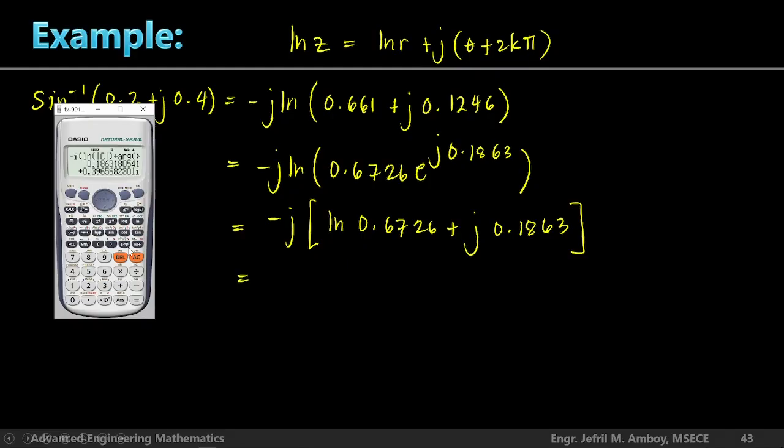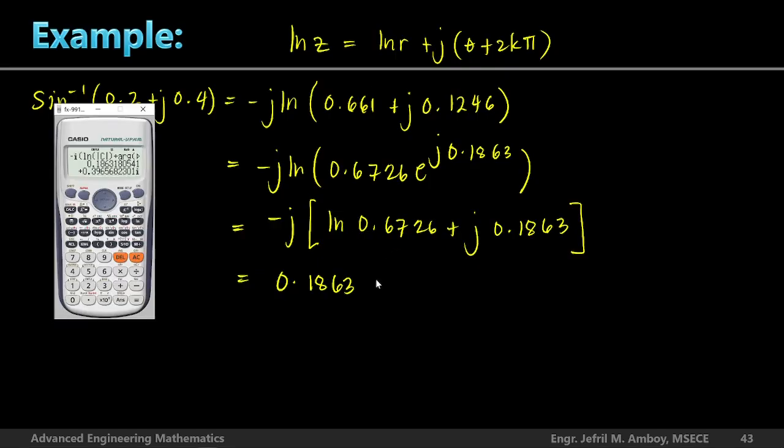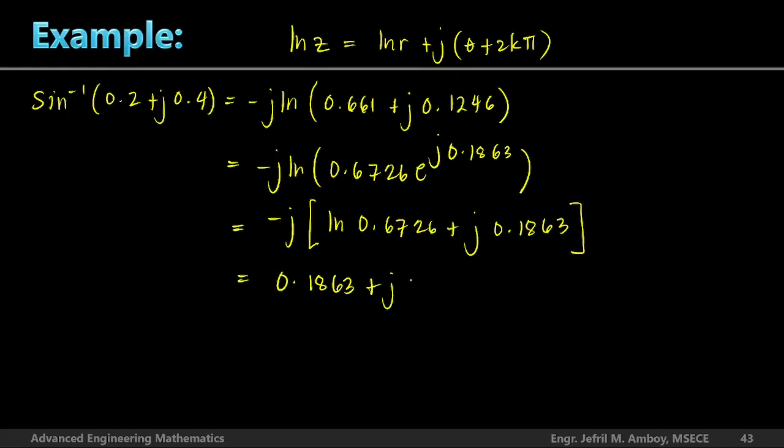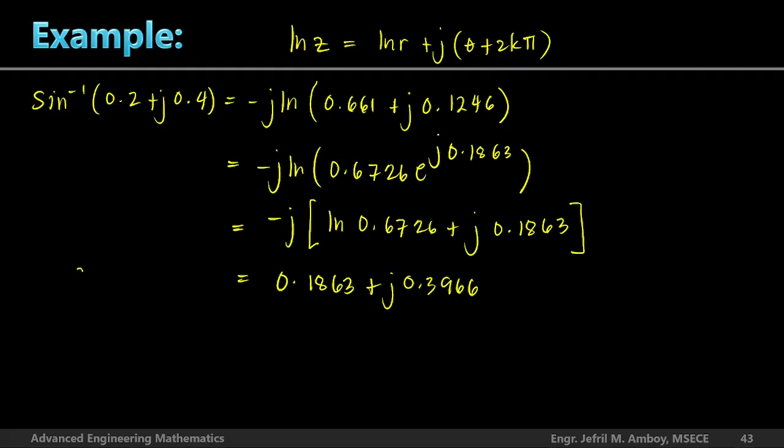Ito yung sagot natin. 0.1863 plus j 0.3966. So, ito na ngayon yung inverse sine ng complex number na 0.2 plus j 0.4. Okay? So, hindi siya ganun kadaling kuhanin kasi nga medyo matrabaho siya.